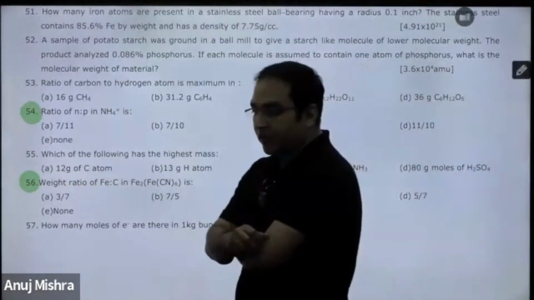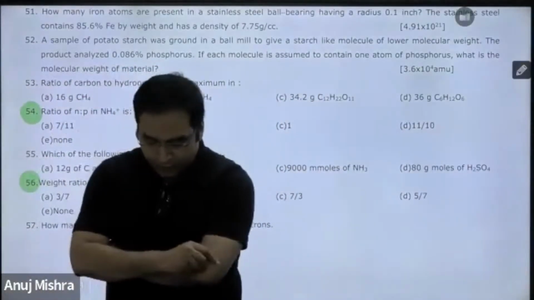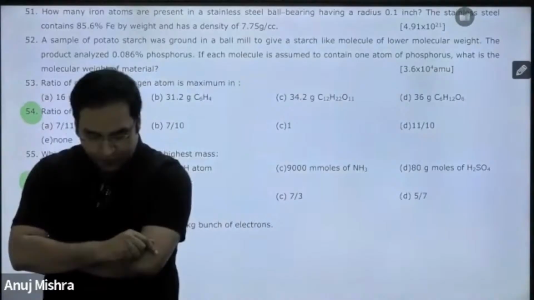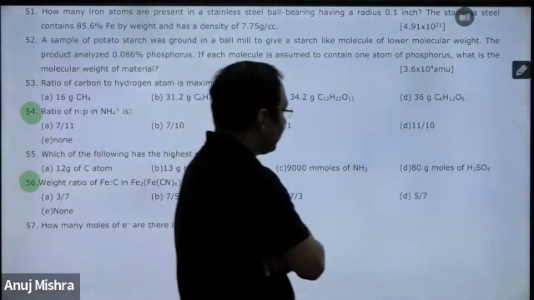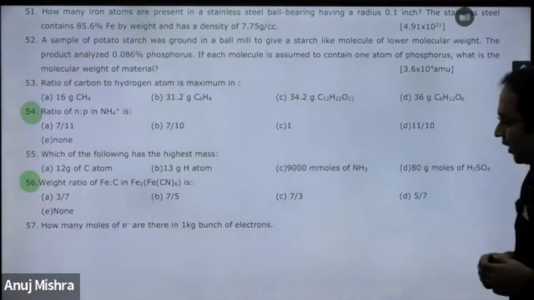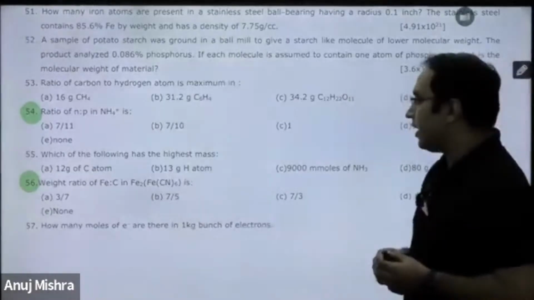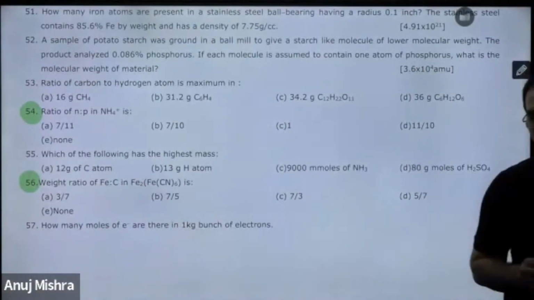Shelly can see here also, you can see in your group also. Okay. Page number 5, question number 54 and 56. Nitrogen, 7 and 14. So atomic weight is 14. Nitrogen is 7 and 14.